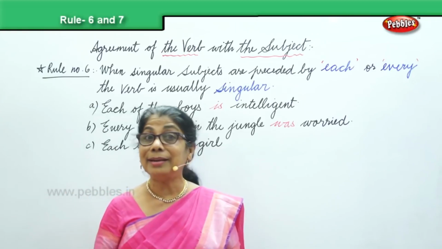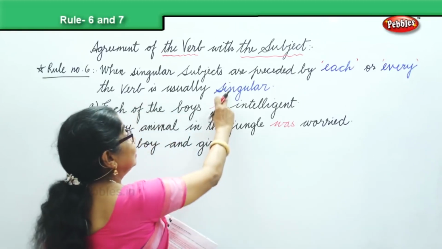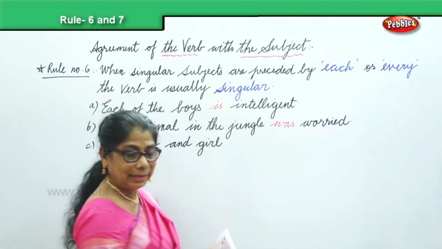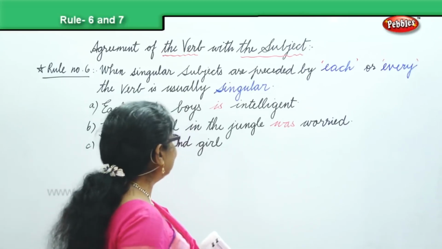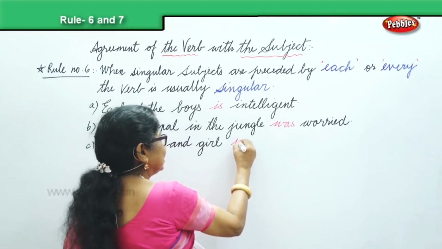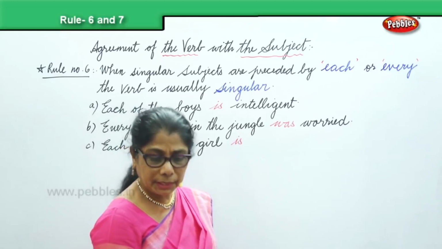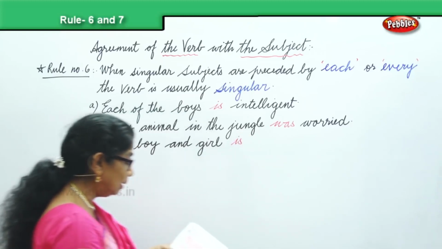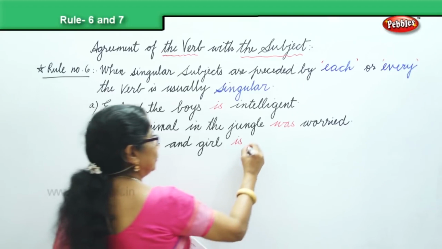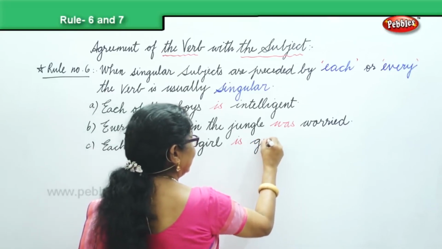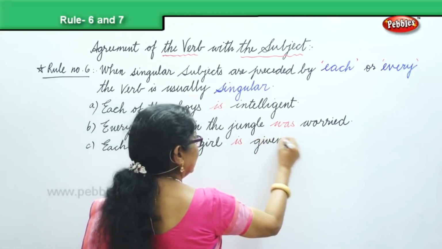Each boy and girl takes the singular form of the verb. Each boy and girl is given a gift.